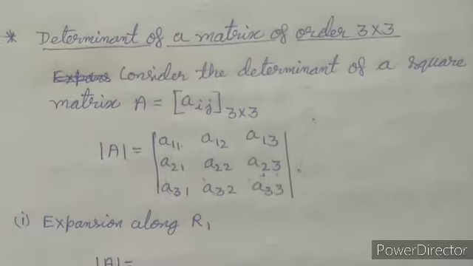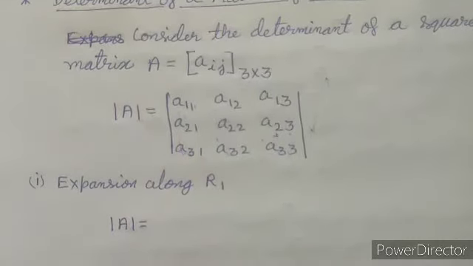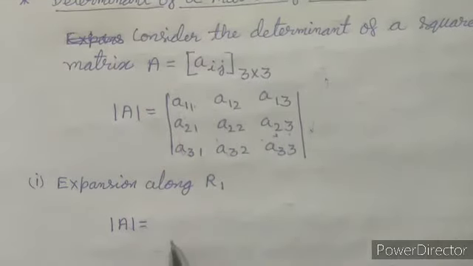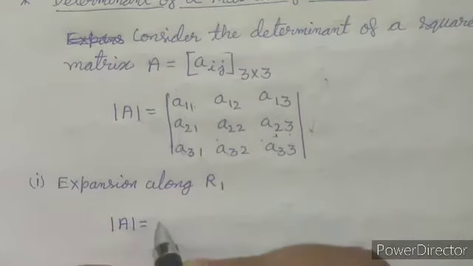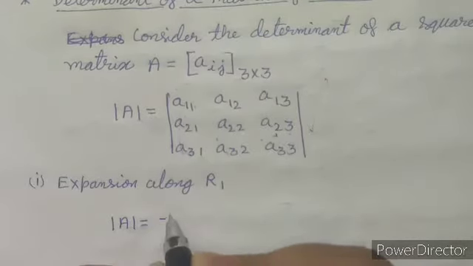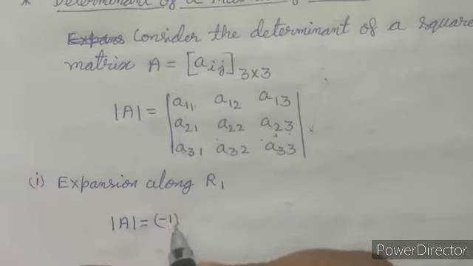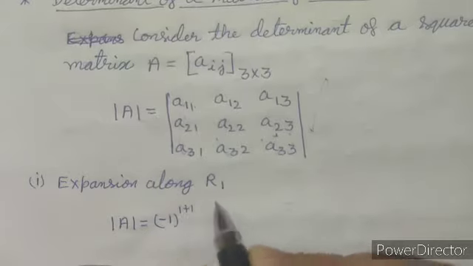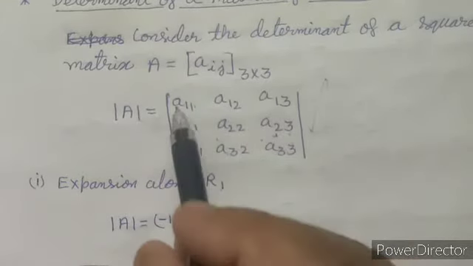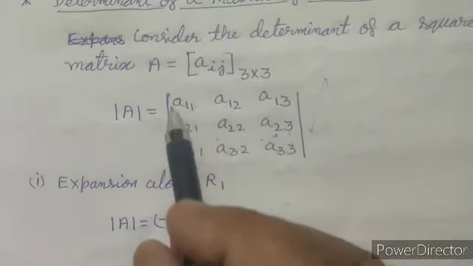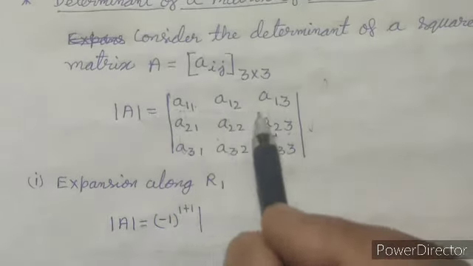Now first of all, if we expand along row 1, then determinant of A will be given by minus 1 raised to power 1 plus 1, because we are finding the determinant by expanding row 1.